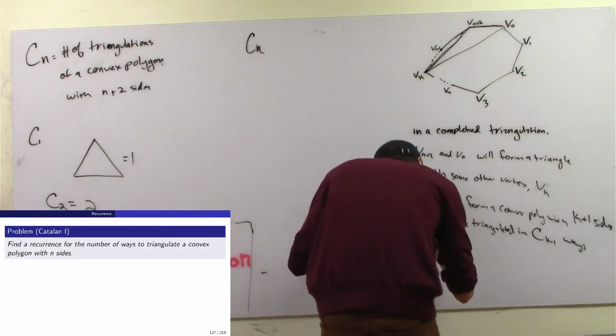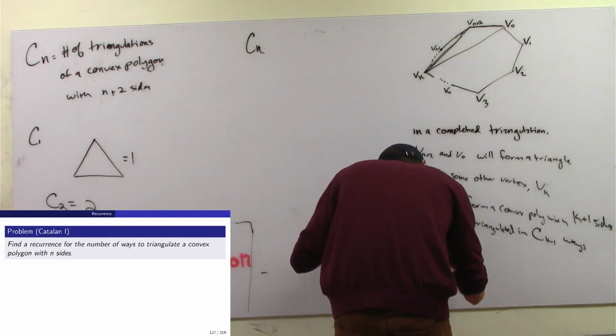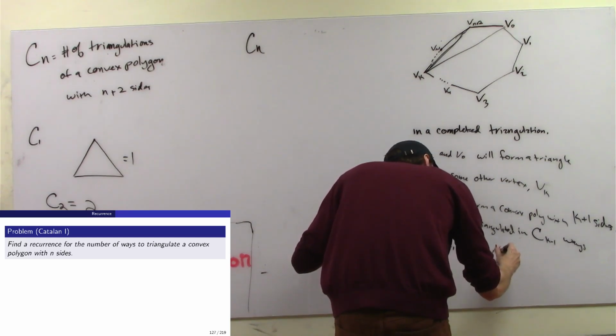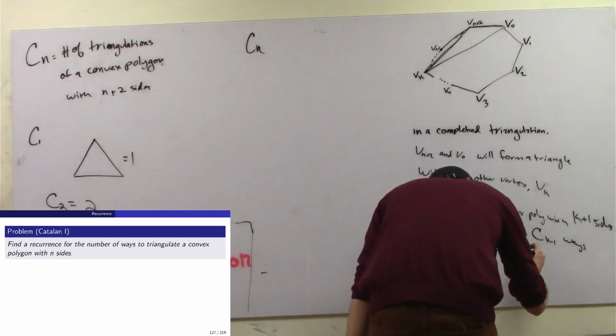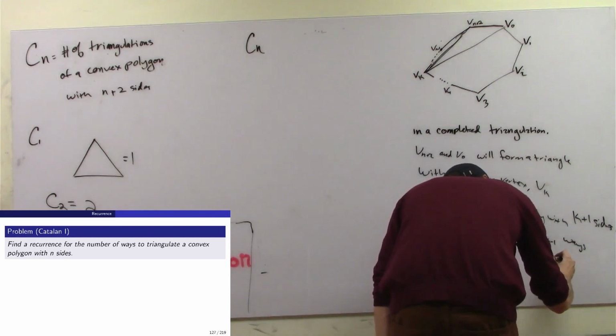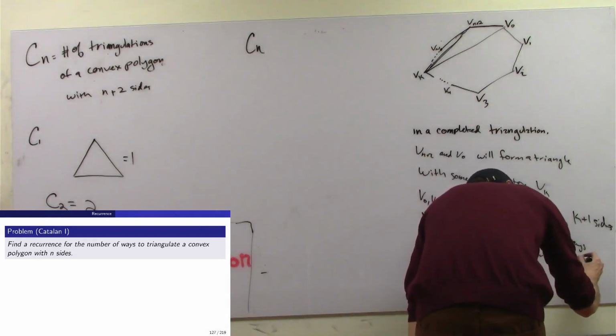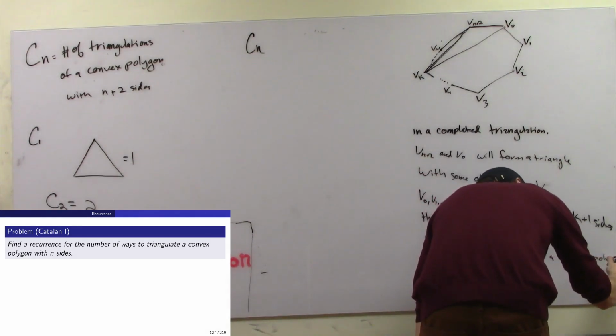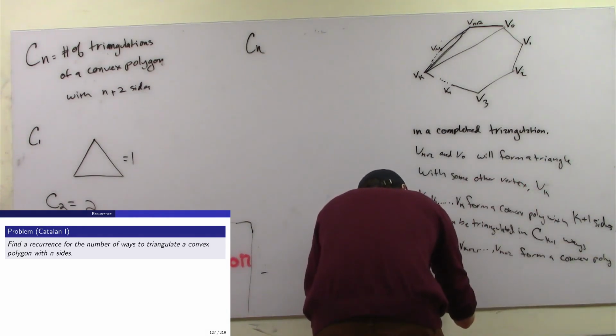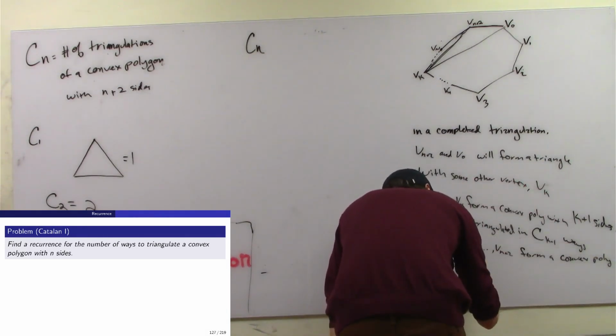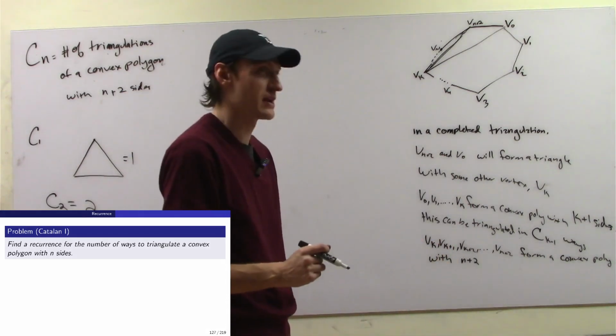Similarly, v sub k plus 1, v sub k plus 2, up to v sub n plus 2, form a convex polygon with n plus 2, is it minus k sides?